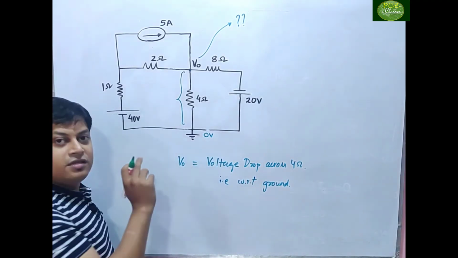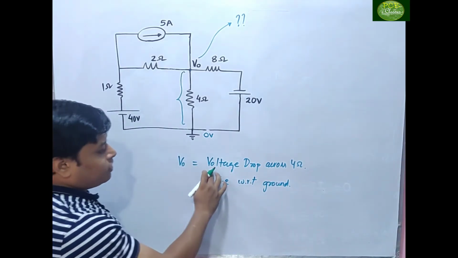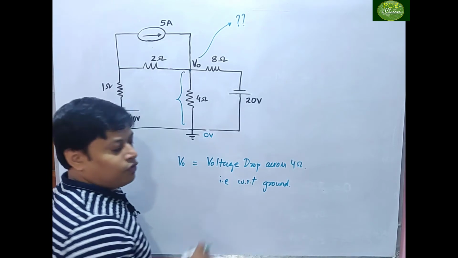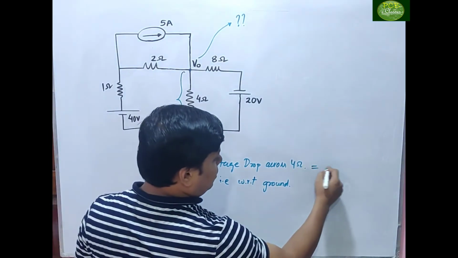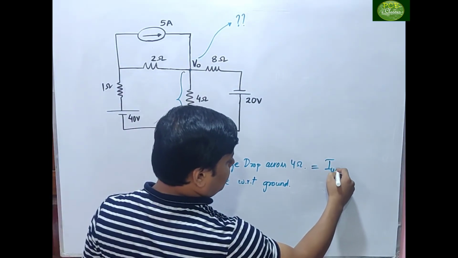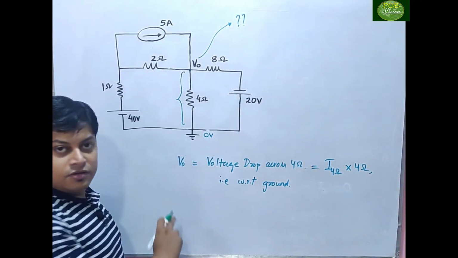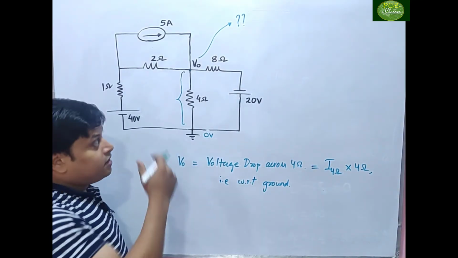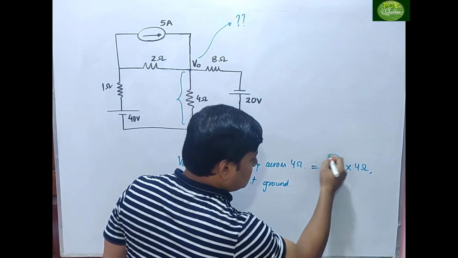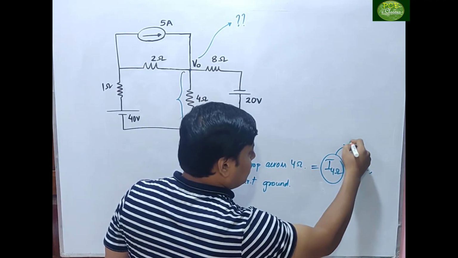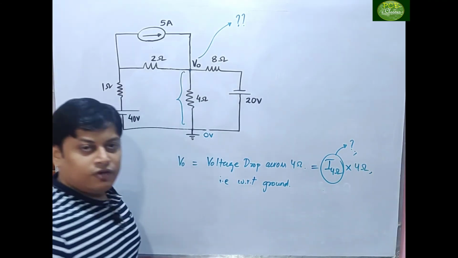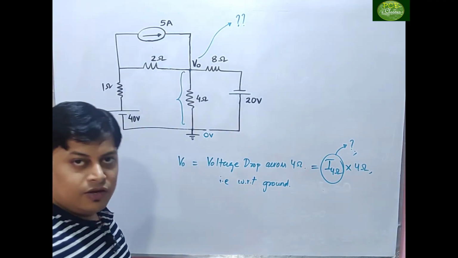Ground potential is 0 volt. So I need to find the current through the 4 ohm, multiply with 4 ohm, then only I will get V0. So ultimately the question is to find I4 ohm. Then only you can find the V0 value.